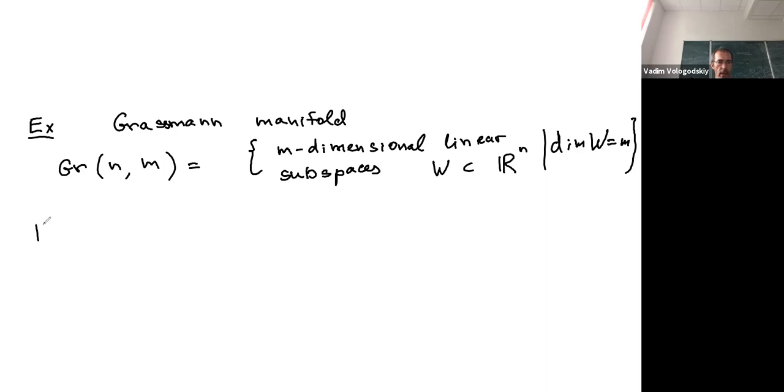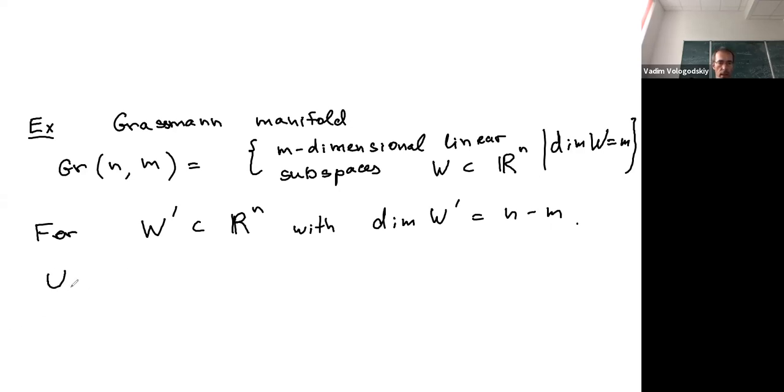For every linear subspace, say W prime, in Rn, of the complementary dimension, with dimension of W prime equal to n minus m, we can look at subspaces.